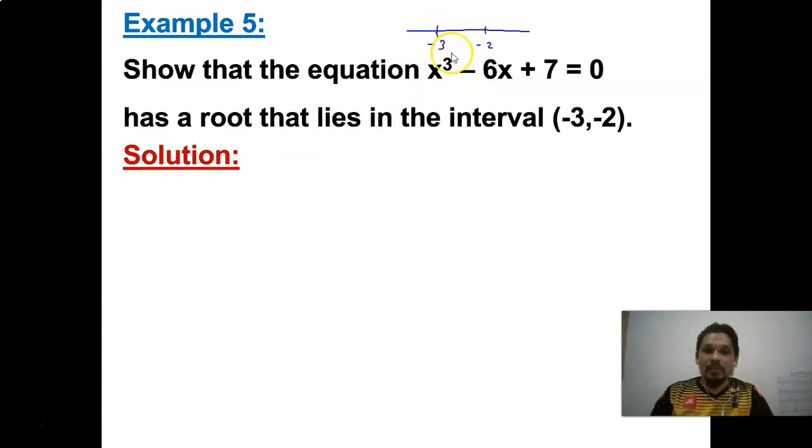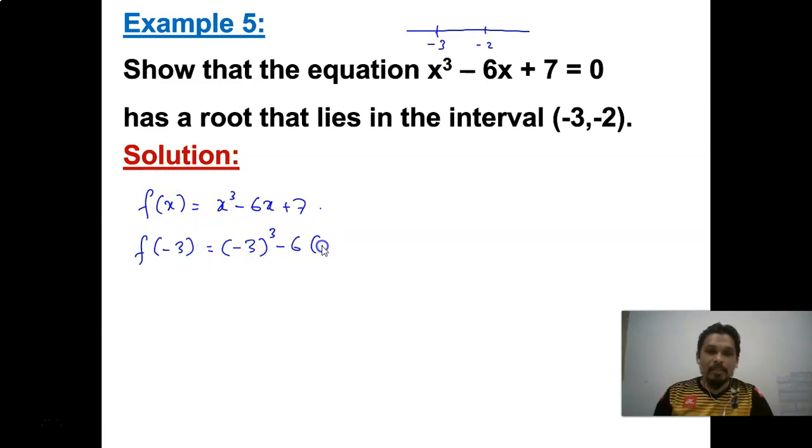Before that we need to test this, so we form this as f(x) equal to x cubed minus 6x plus 7. Okay, now let's test this function with -3. -3 cubed minus 6 times -3 plus 7.